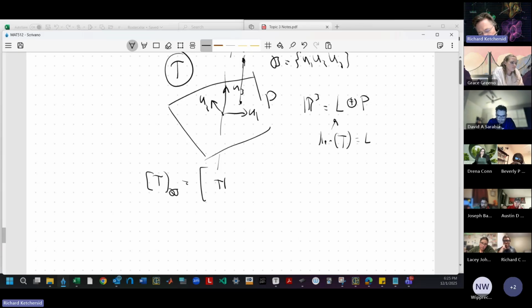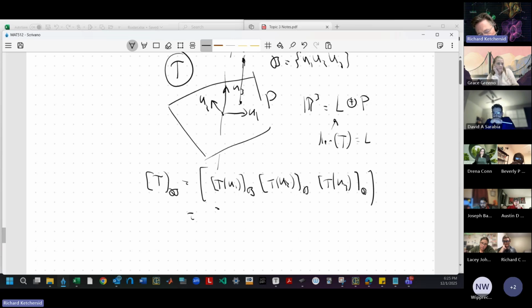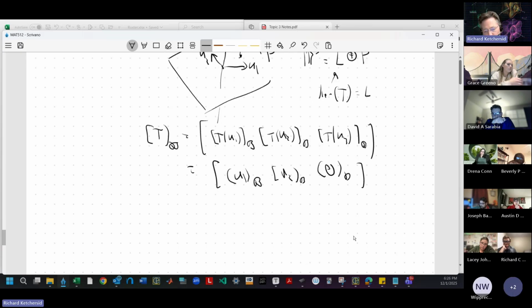So this is going to be T of U1 with respect to B, T of U2 with respect to B, and T of U3 with respect to B, right? Well, this is just U1 with respect to B because you don't do anything on the plane. This is U2 with respect to B because you don't do anything on the plane. And this is 0 with respect to B because that gets mapped to 0, right?